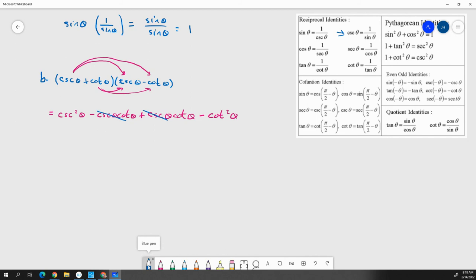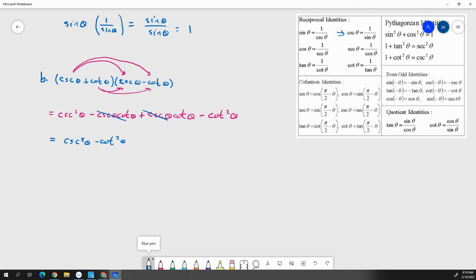It's hard to say, it's a mouthful, but you can see that they're the same. One is positive, one's negative. They just become 0. And so what I'm left with here is cosecant squared theta minus cotangent squared theta.